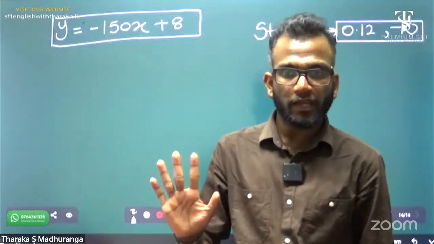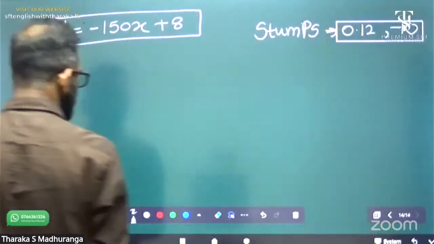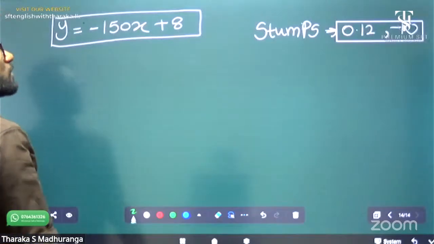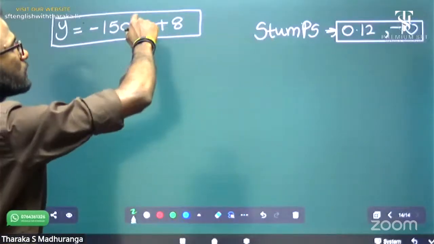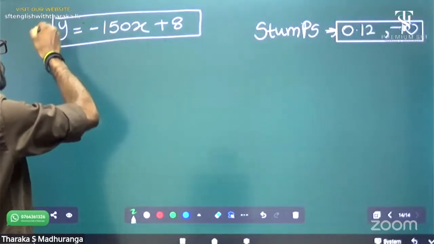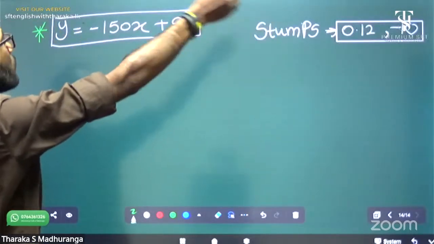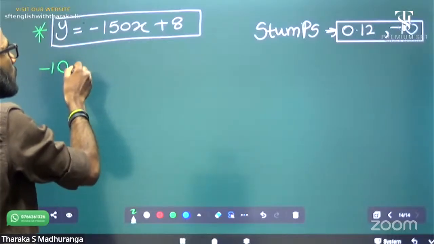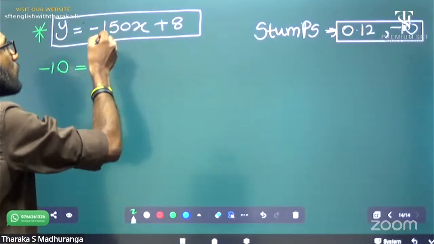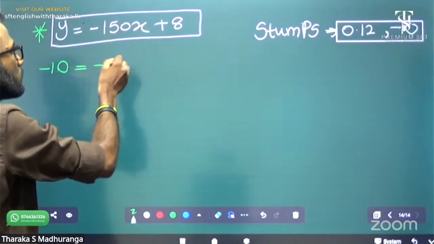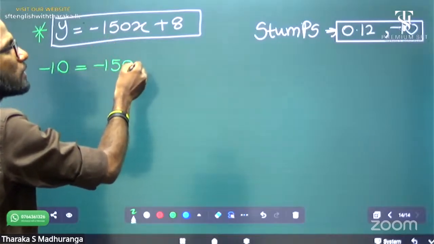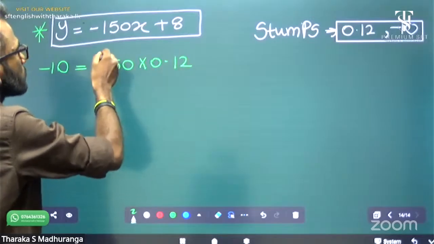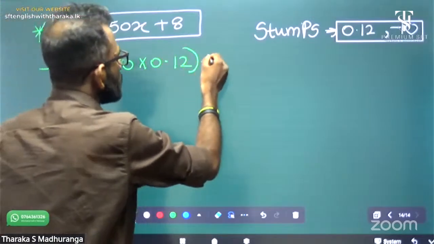The question asks whether it hits or not, right? How do we calculate it? You can use the equation you already found. The y coordinate is minus 10, so minus 10 equals minus 150 times the x coordinate, 0.12, plus 8.